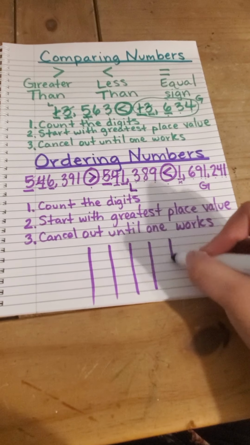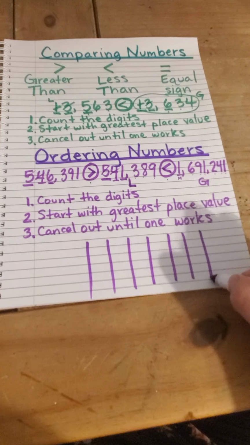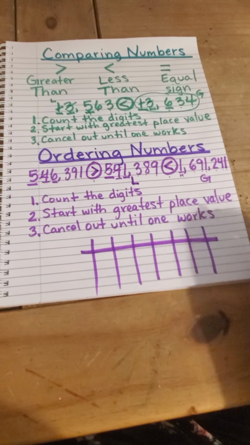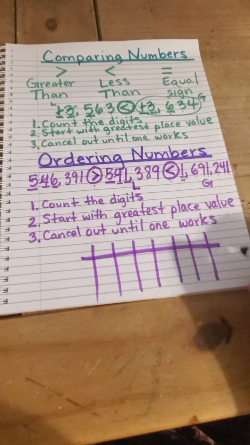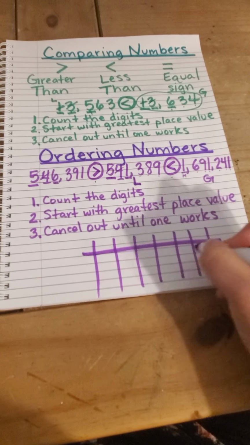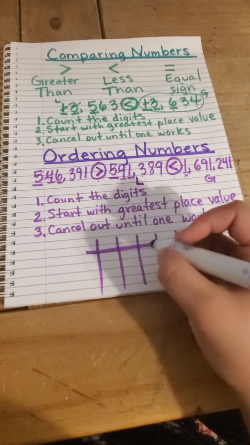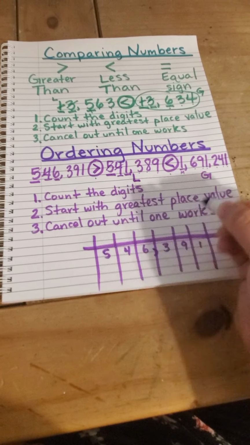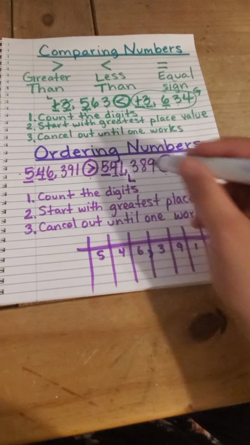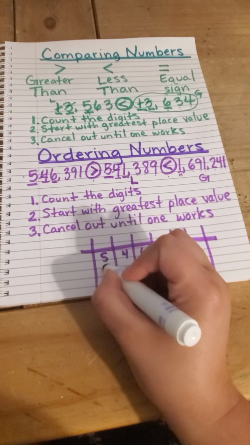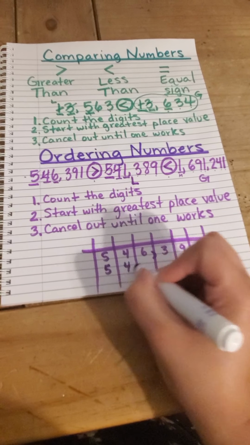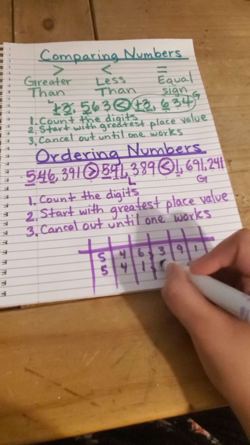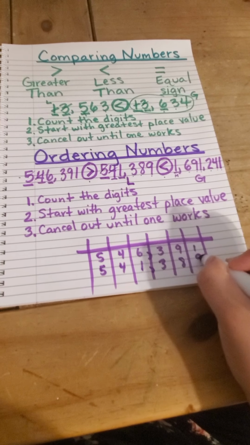Another thing I can do is show my place value chart. If I draw out my place value chart and plug in my numbers, it can also be really easy. So I plug in my first number. That's a 1, 9, 3, 6, 4, 5. So right now I just plugged in the first one. Now I'm plugging in the second one. That's 5, 4, 1, 3, 8, 9.